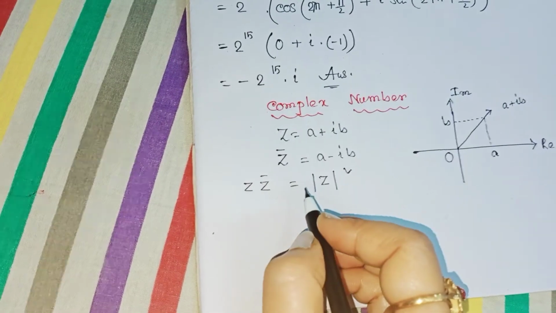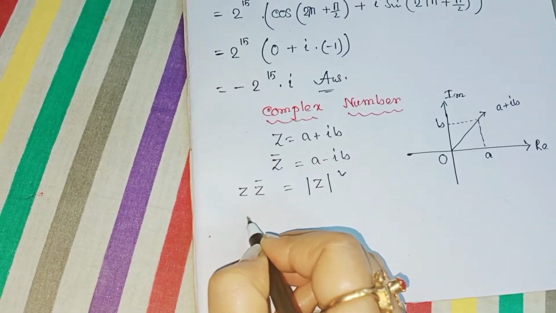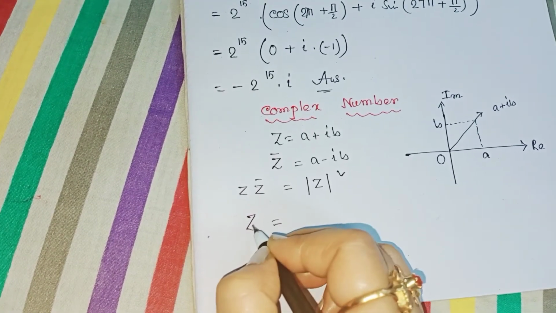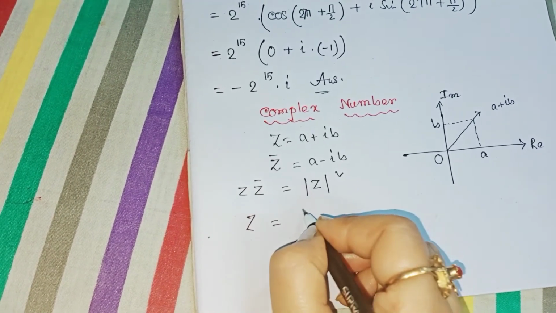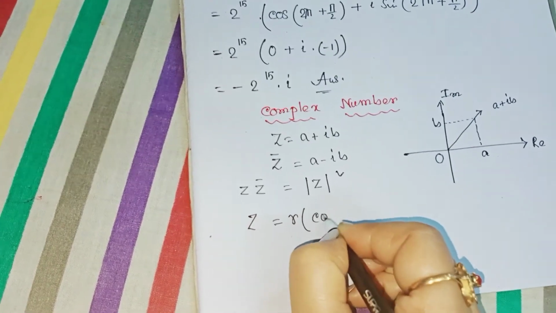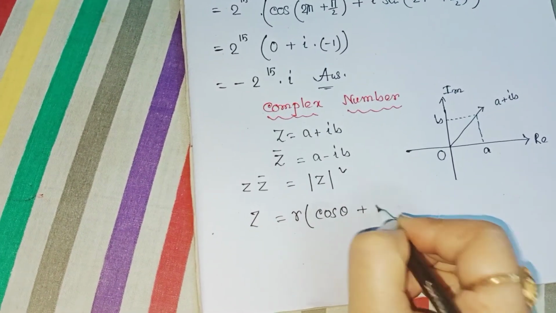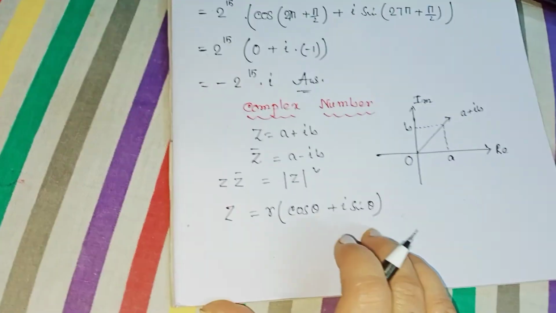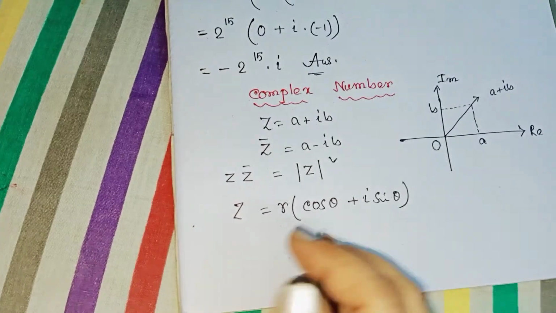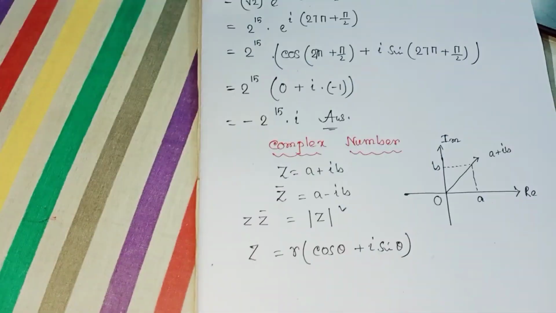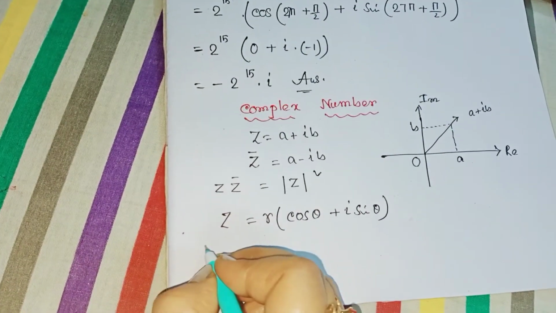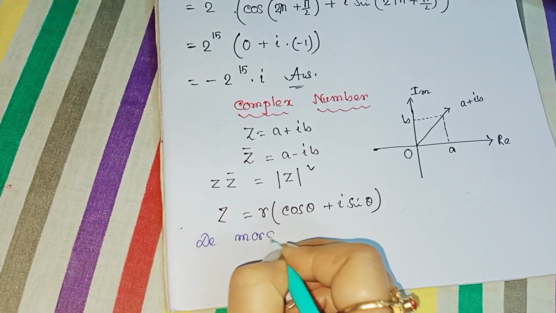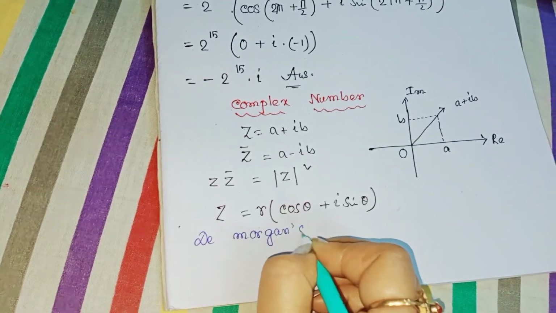And here is the most important, the polar form. What is the polar form? In polar form we write z is equal to r into cos θ plus i into sin θ. This is called the polar form. And another important thing in complex numbers is De Moivre's theorem.